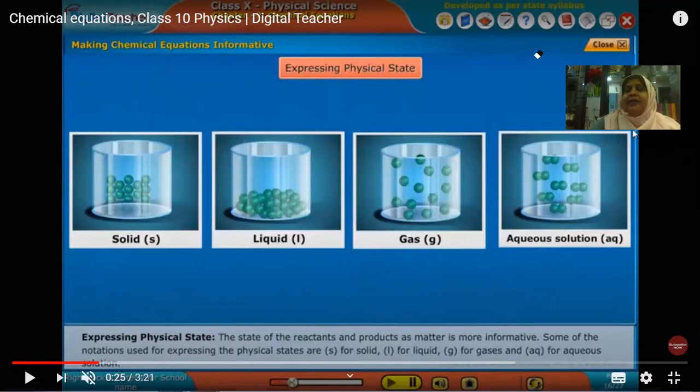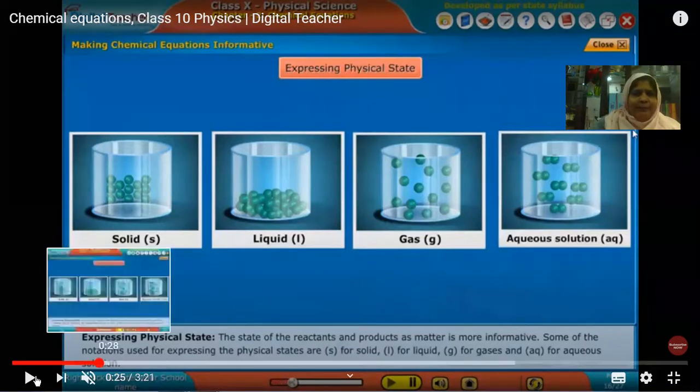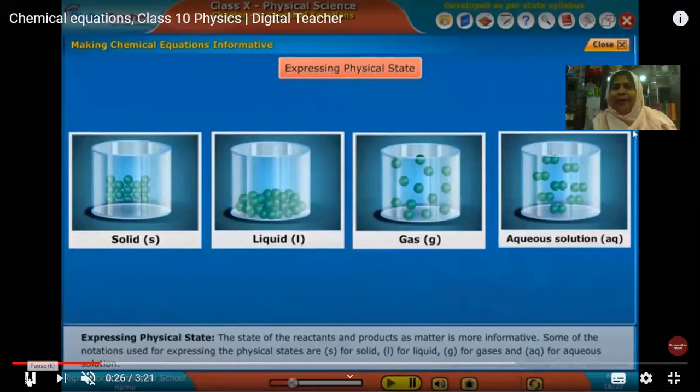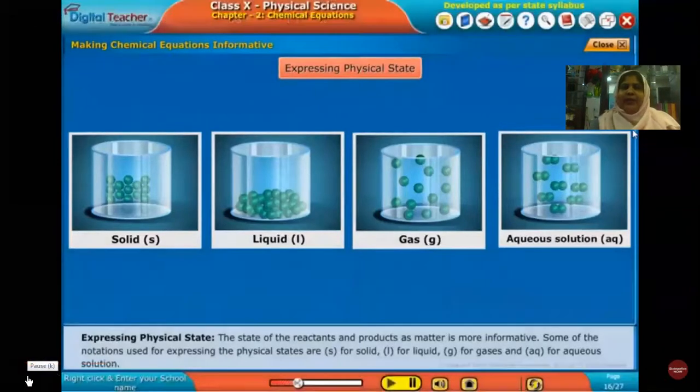But during these reactions, energy or heat is released or absorbed, and gases are also liberated. So let's see what happens when these elements are reacting with each other.